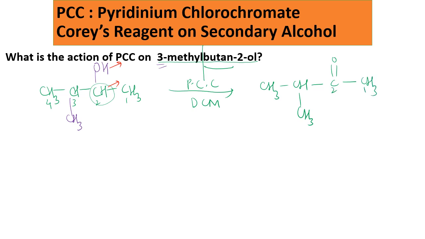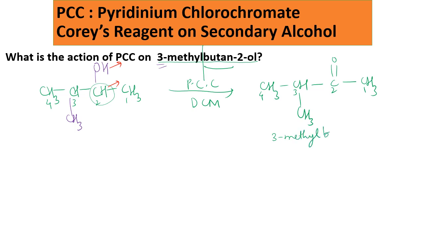So carbon number 2 has now been oxidized and we are getting a ketone here. The name of this ketone will be, number it 1 2 3 4, and on the third carbon you have a methyl, so you write that methyl branch first, 3-methyl.